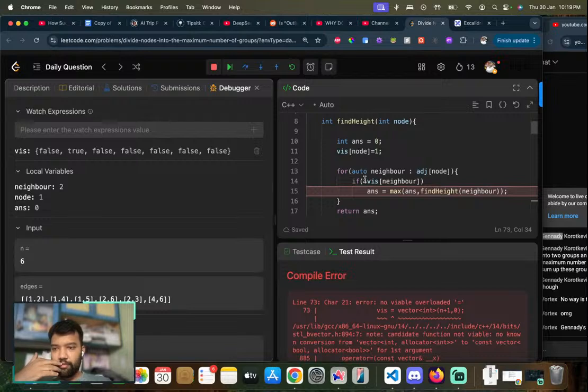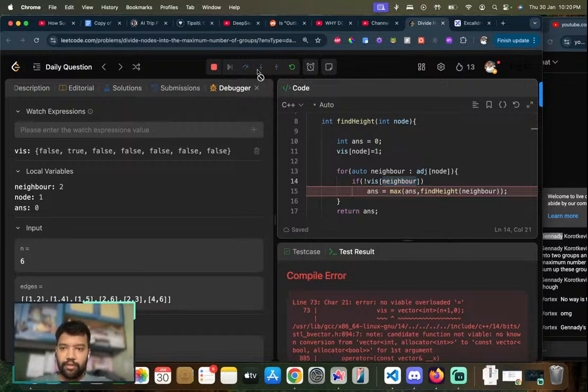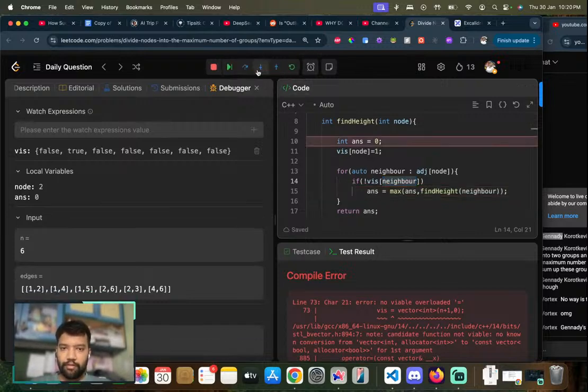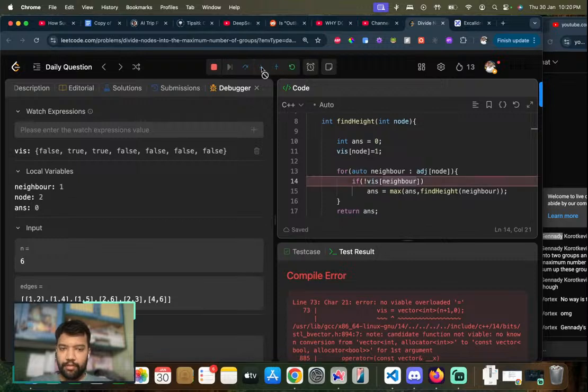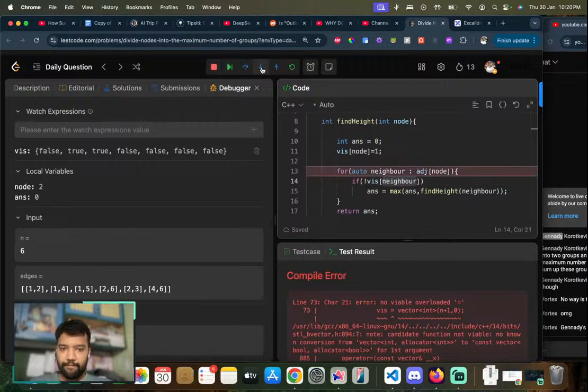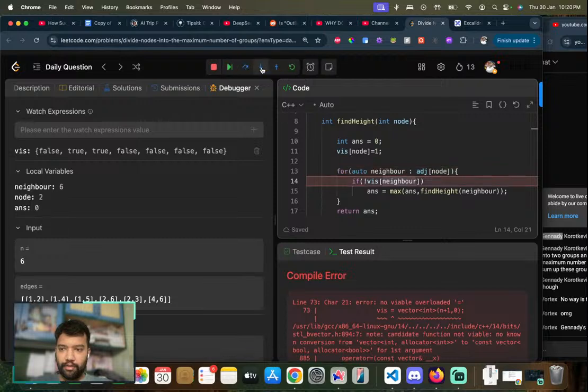Neighbor is 2. Neighbor is 1, does not go. Neighbor is 6, will go. That should work.